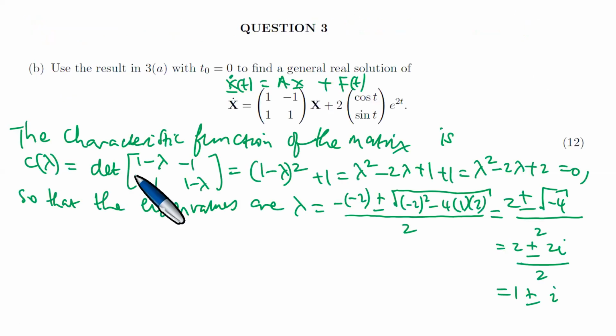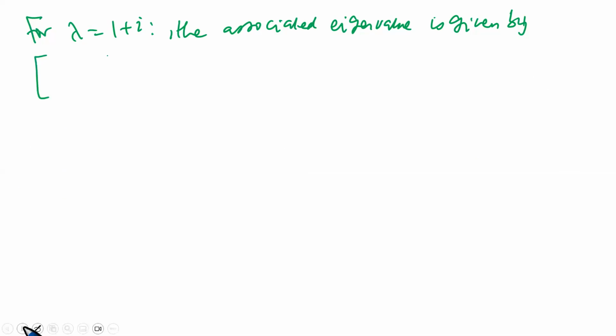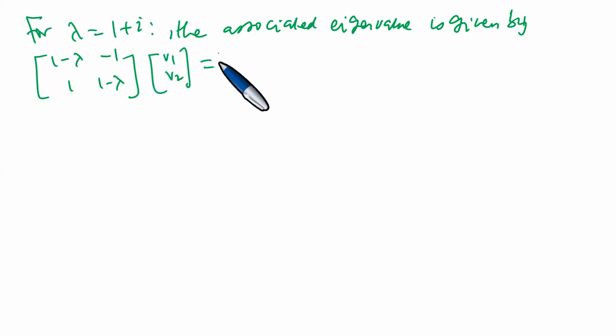okay, so you have this one, 1 minus lambda, minus 1. Let's just write this step. 1 minus lambda, minus 1, and then 1 and the 1 minus lambda, you can write like this. And this is multiplied by some vector, because we want to get the eigenvector. And this is always equal to the 0 vector.